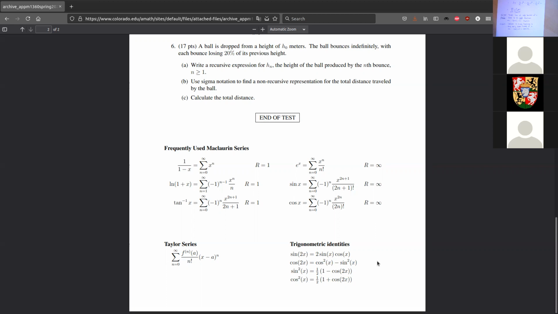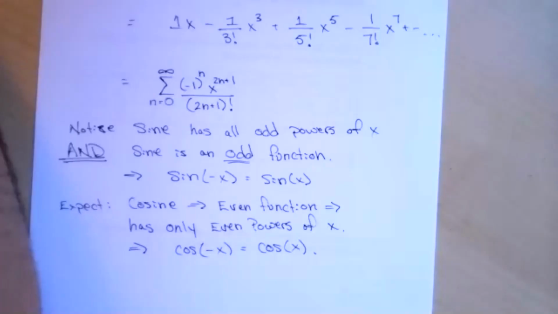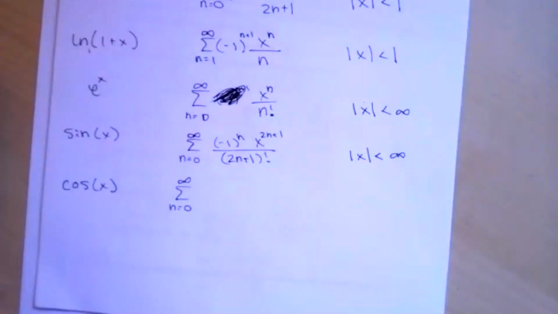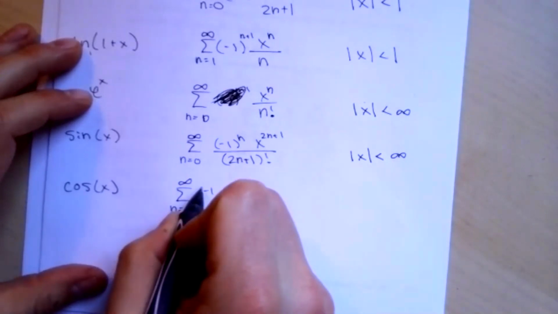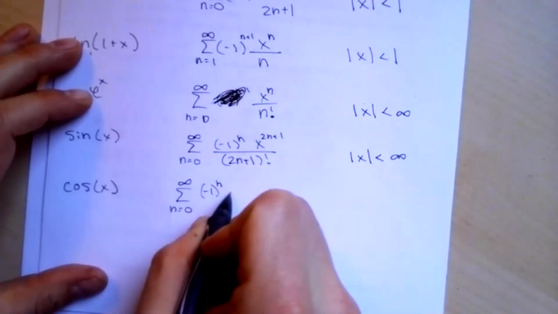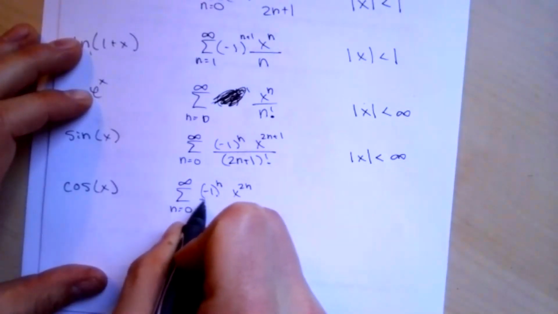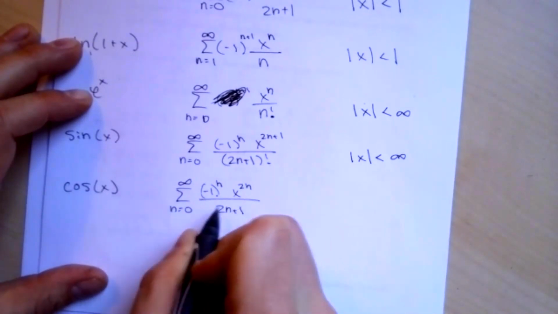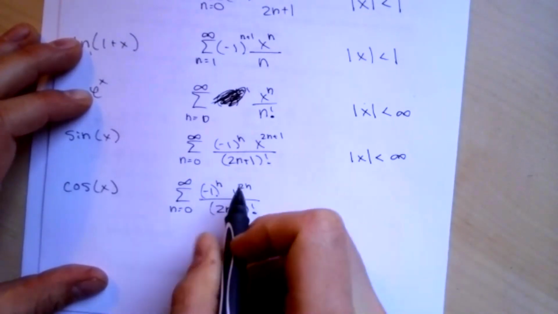So other base functions you may want to look at. Here, let's see, where is our sheet? Here's our function sheet. Our cosine, as we just saw on the formula sheet, we should get x to the 2n over 2n factorial.